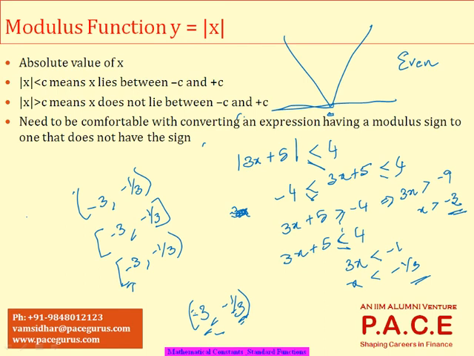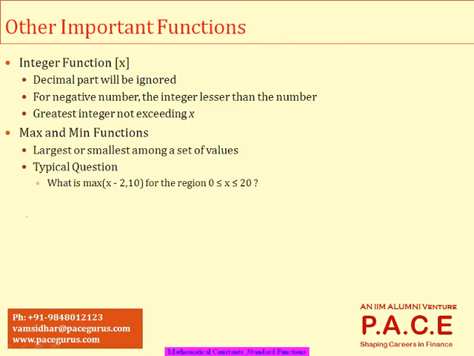Now let's move on to the next important function, which is the integer function. The integer function is represented with a square bracket of x. If I'm talking about the integer function of 3.2, then it is nothing but 3. We are trying to find the integer part of it.